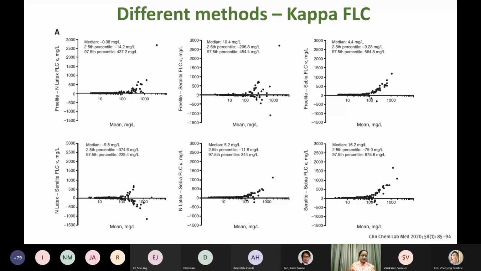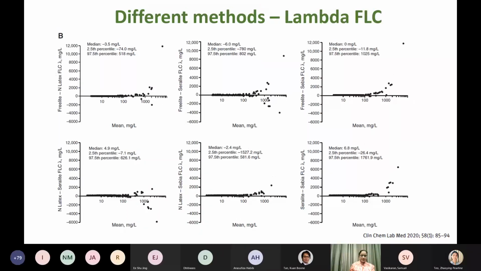As you can see, the comparison is good towards the lower end, but at high end, you can see a significant difference between methods. Same thing can be seen with lambda free light chain concentrations. Lower end is not bad, but at higher end, the difference is significant.